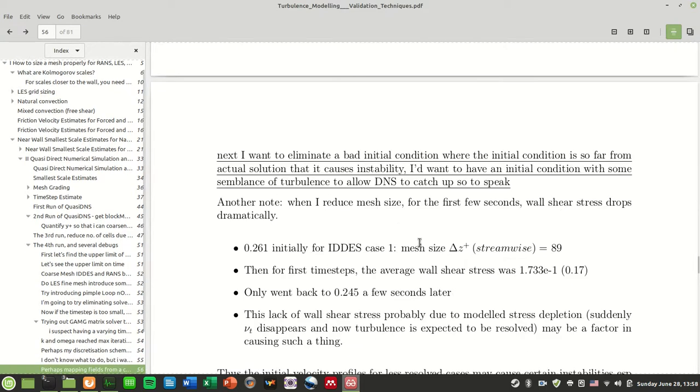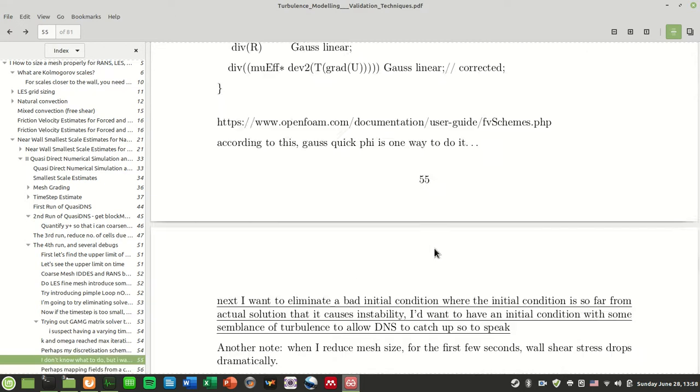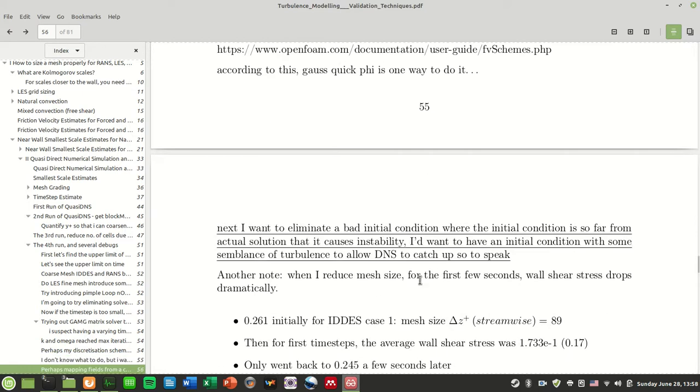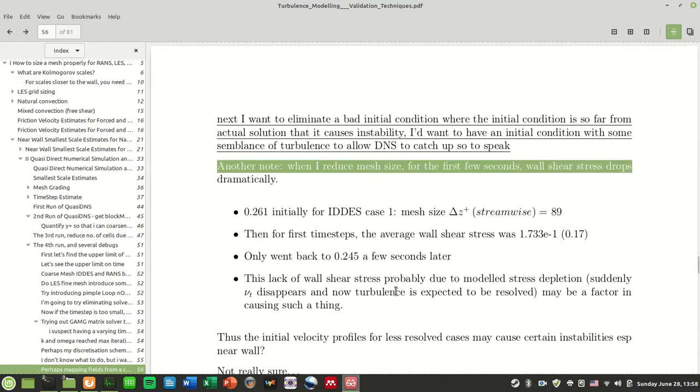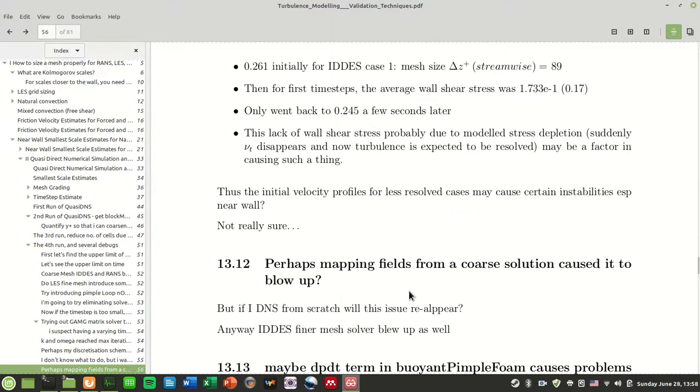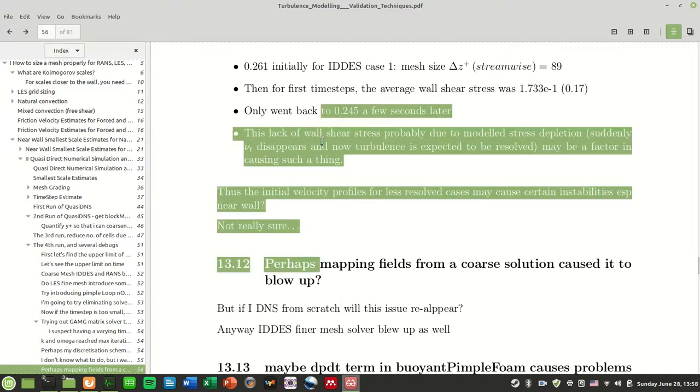So maybe the fvSchemes were the issue. I tried to adjust them, but it didn't work. I tried tweaking a lot of fvSchemes. It didn't work.